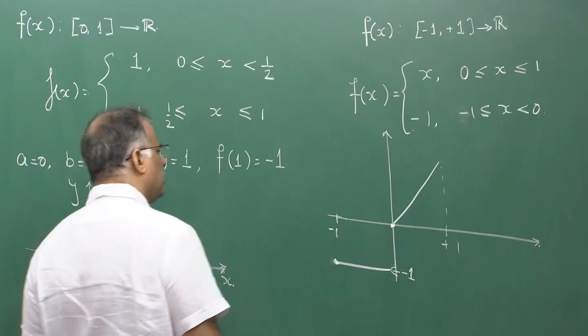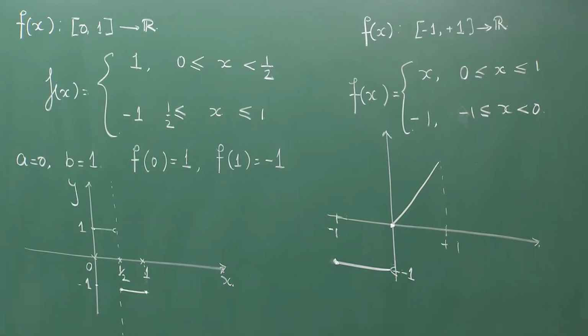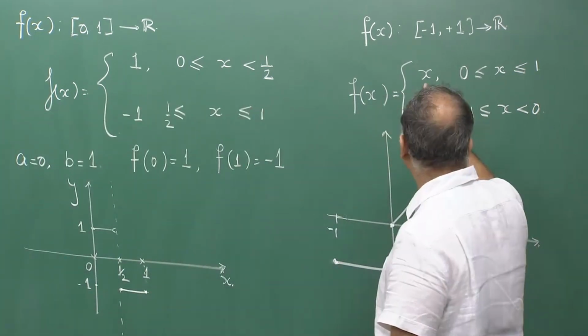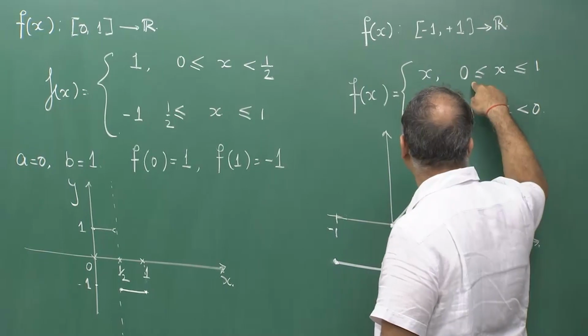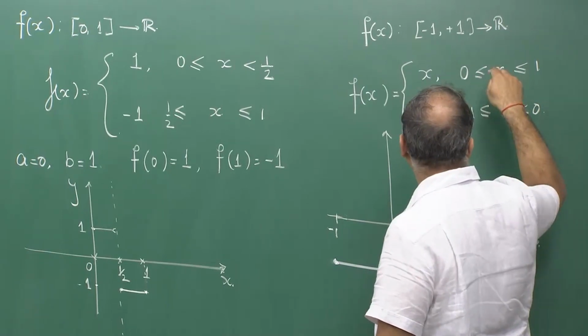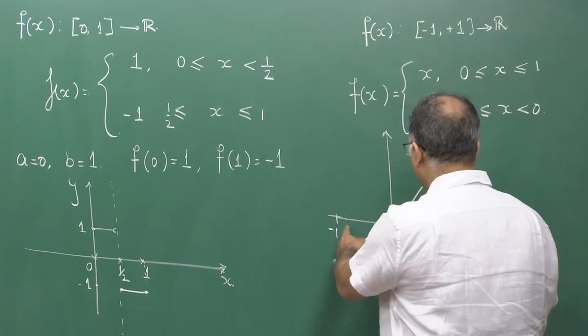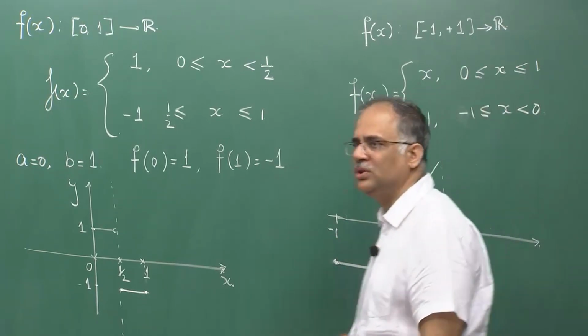So, this is my function. This is of course a discontinuous function, it is not continuous, but you can immediately see the conclusion that f(x) is equal to 0. So, here is an x between minus 1 and plus 1 for which f(x) is equal to 0.